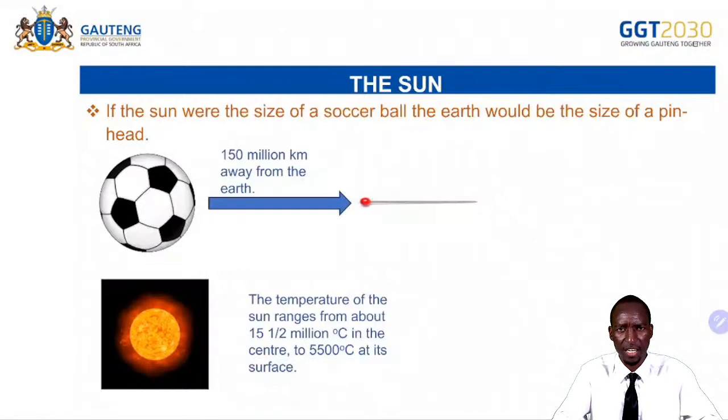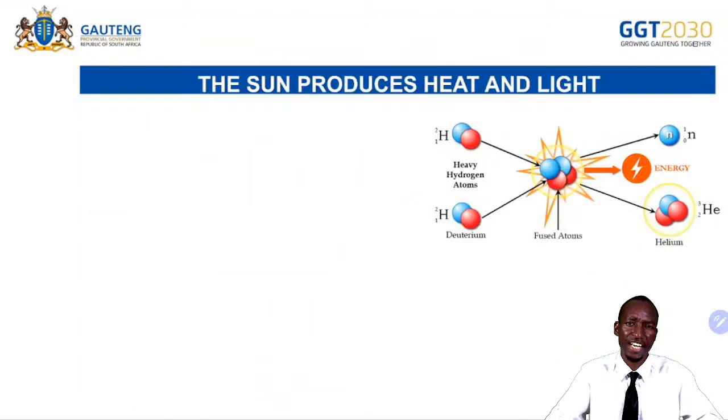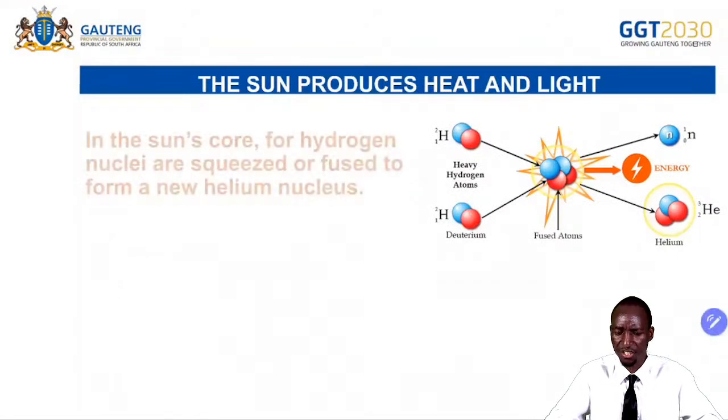Even though they are so far away from each other, we are still able to experience the heat from the sun and also the light from the sun. You can now see that the energy produced by the sun is so big. Right, let's move on as we look at how the sun is able to produce heat and light energy.